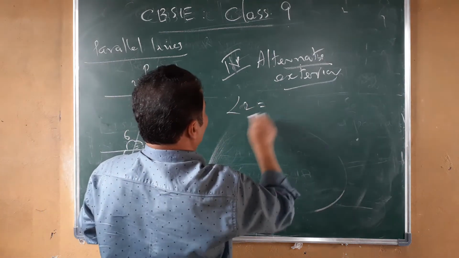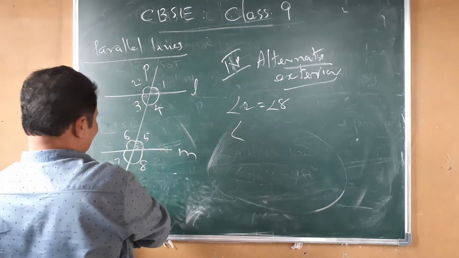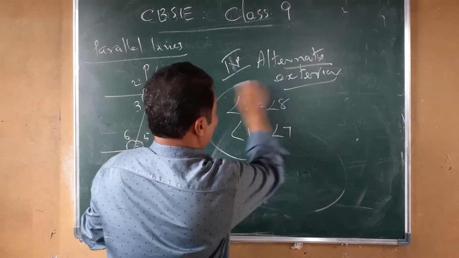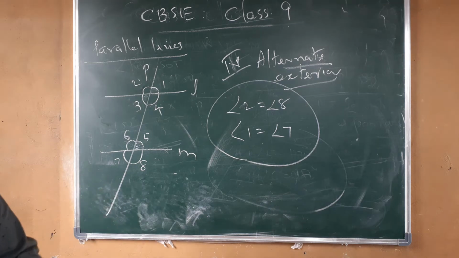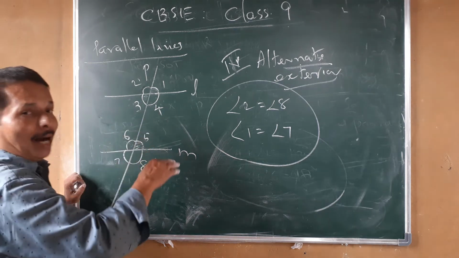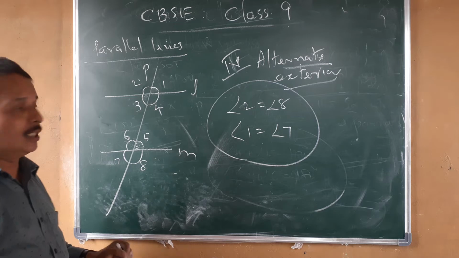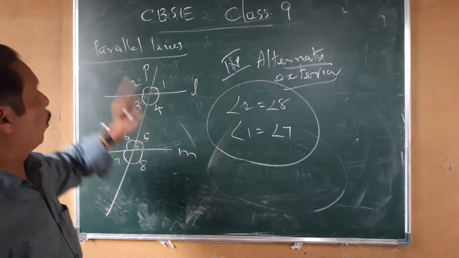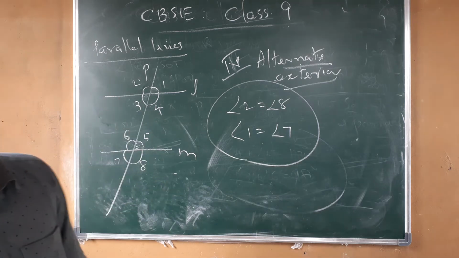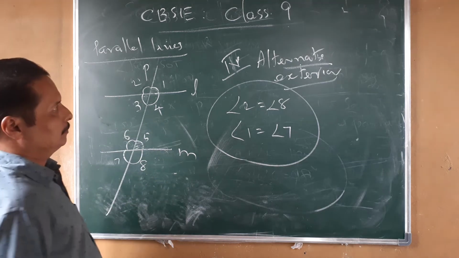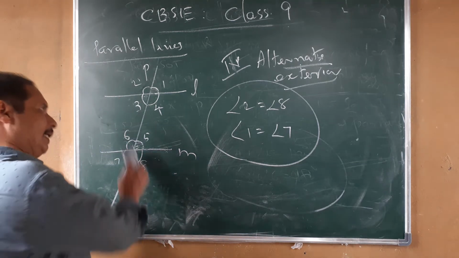Angle 2 equal to angle 8 and 1 and 7 also. If two parallel lines are intersected by a transversal, then the pair of alternate exterior angles are equal. That's the statement. Is it clear?